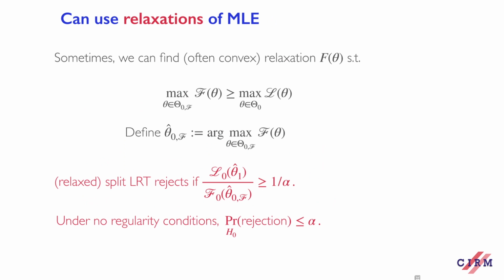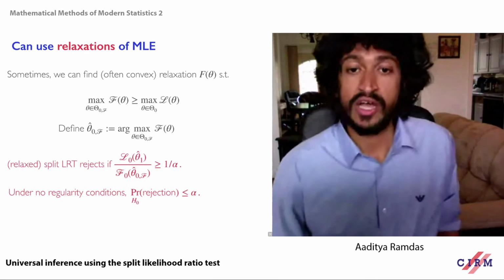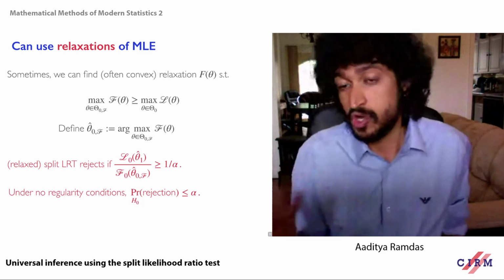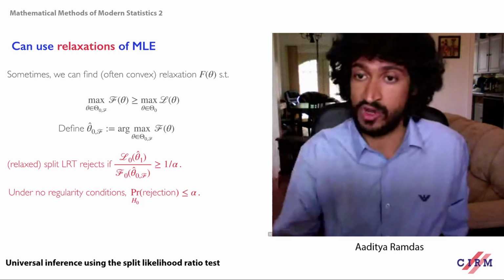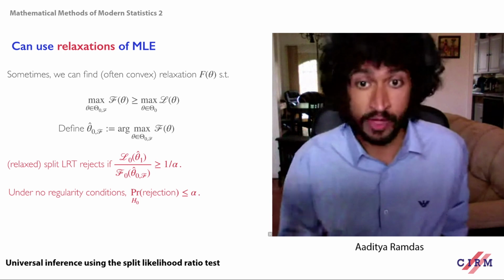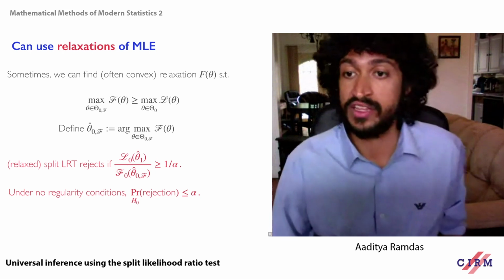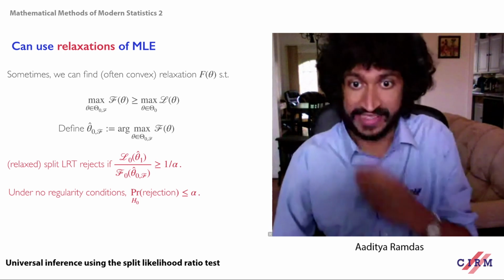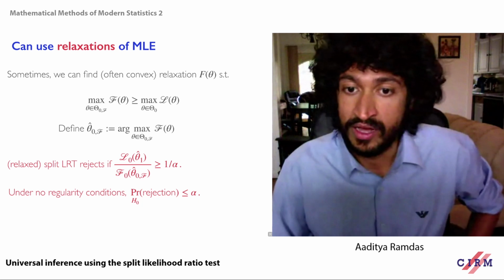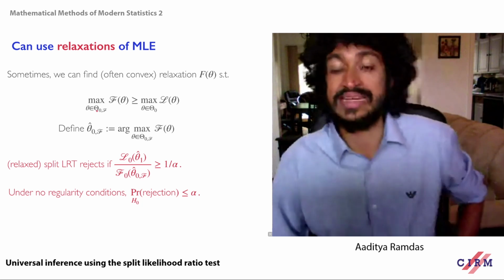Okay, so continuing where I left off, it turns out that we don't actually have to maximize the likelihood. There are some cases in which maximum likelihood estimation could in fact be computationally hard, but we can often find convex relaxations, which I'm going to call F_theta, which can be optimized. So over here, the condition we will require is that we have a slightly different domain.